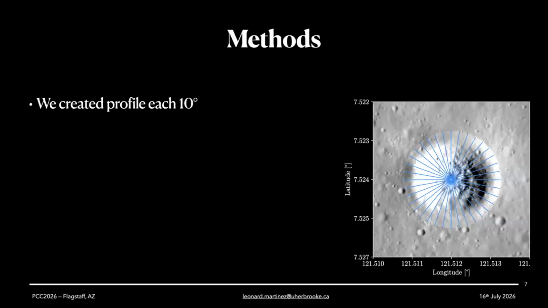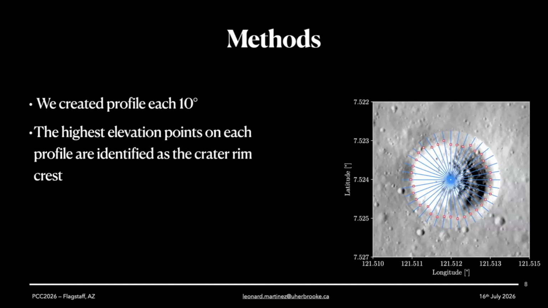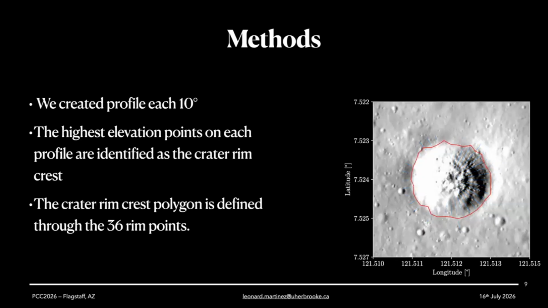So for the method, as Dylan presented, we did kind of the same approach. We created one topographic profile every 10 degrees in the crater using the digital elevation model. Then we looked for the highest elevation points on the profile to draw the crater crest like this.